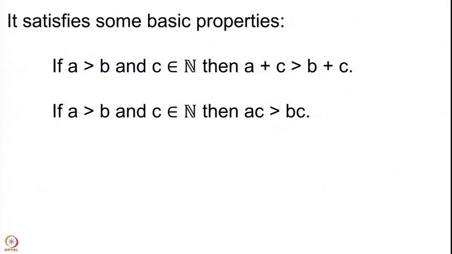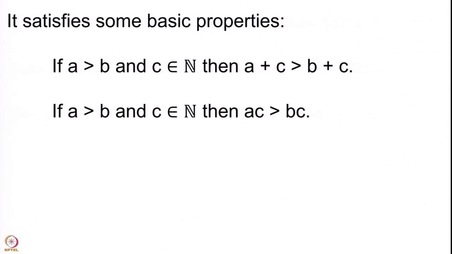Let us go to another such property which will connect the relation with respect to the product. Just like the sum, product also respects the relation. If I take a bigger than b and I multiply both a and b by a natural number c, then ac is going to be bigger than bc.